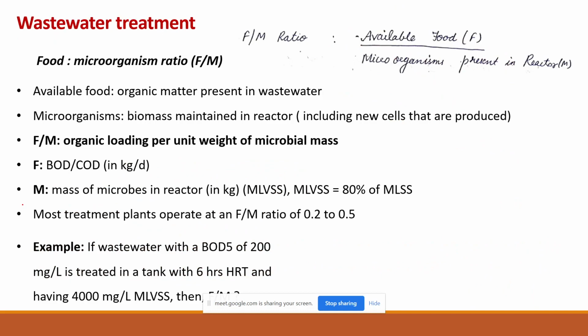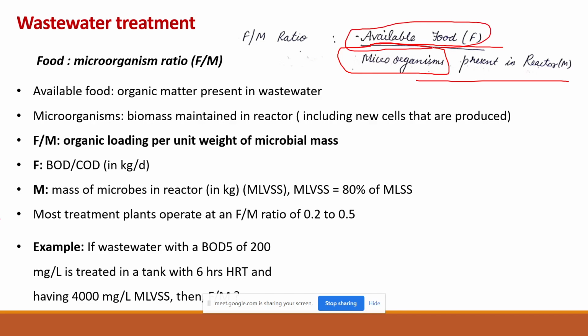Then the next concept which we studied was food to microorganism ratio. As the name suggests, food to microorganism ratio is available food divided by the microorganisms which are present in the reactor. We have already discussed that the role of microorganisms is degradation of organic matter and thereby reducing the BOD.